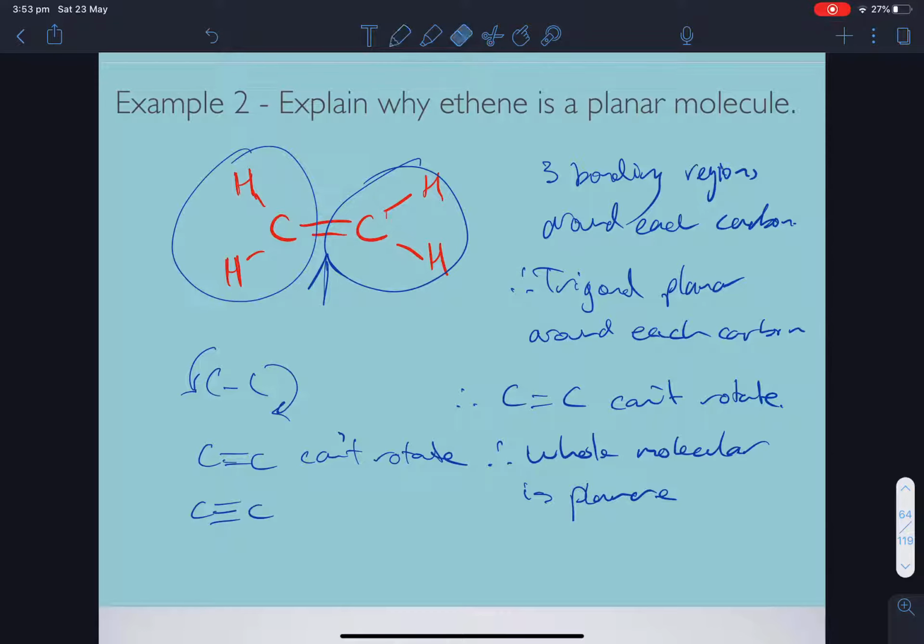I can't spell planar. So the 2 halves are planar, and because this central bond that connects the 2 halves is not able to rotate, it makes the whole molecule planar, which means it lies flat in the page. We don't need to dash and wedge any of those bonds.